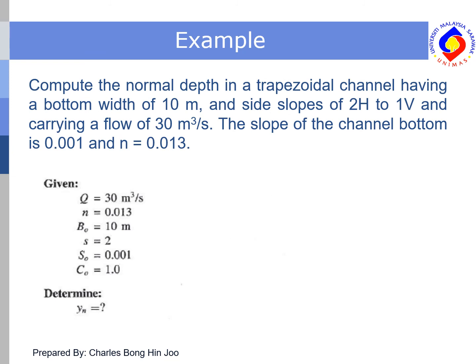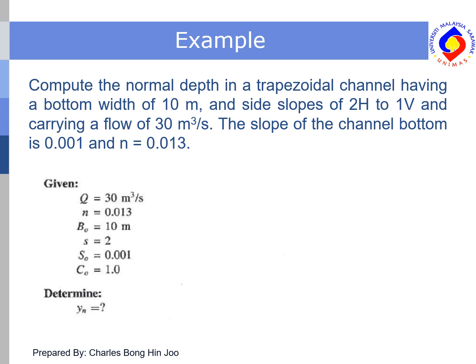For example, compute the normal depth in a trapezoidal channel having a bottom width of 10 meter and side slopes of 2 horizontal to 1 vertical, carrying a flow of 30 meter cube per second. The slope of the channel bottom is 0.001 and n is given as 0.013.